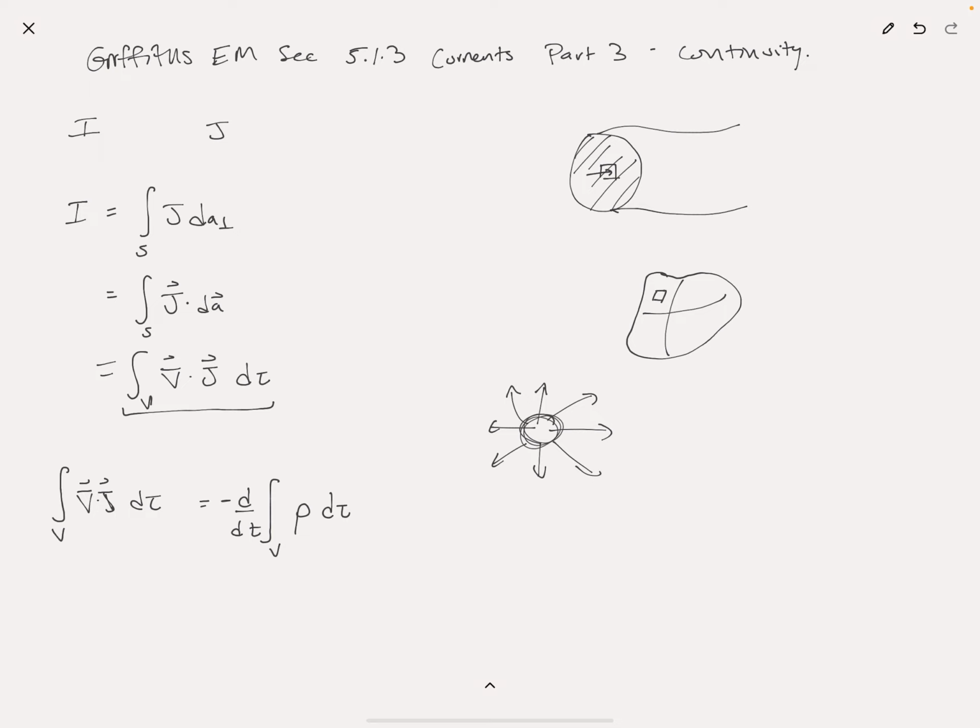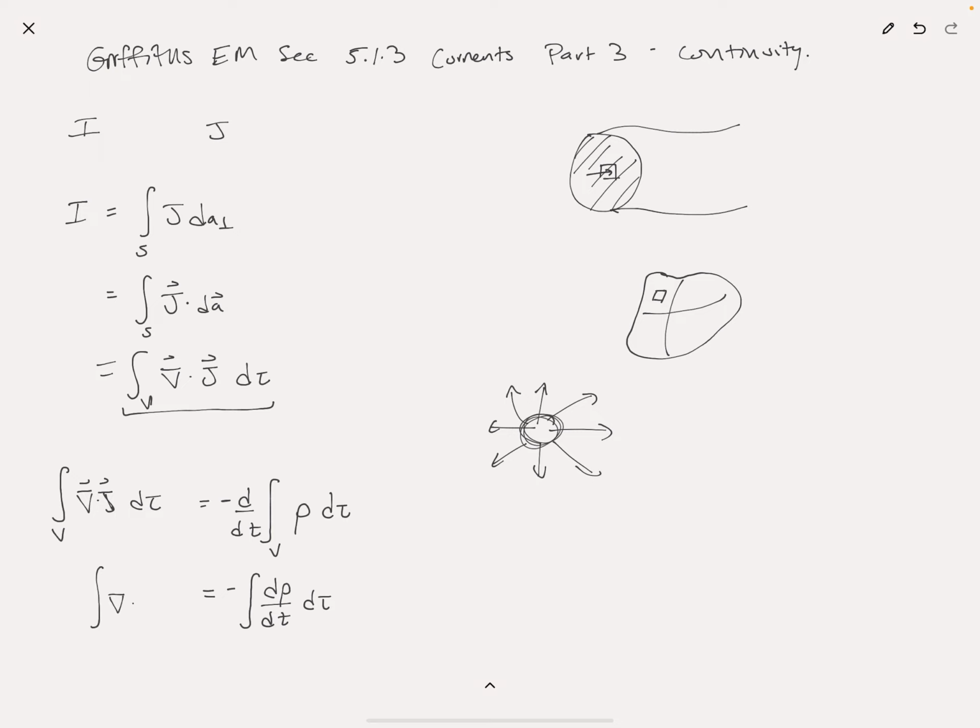Technically, there's a negative sign there that tells you that outward flow results in the decrease of the charge that remains. I can rewrite this by taking that time derivative inside and saying that the charge density changes with time, integrated over our volume.